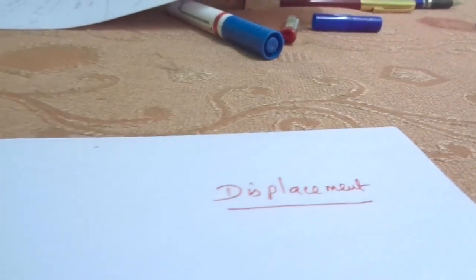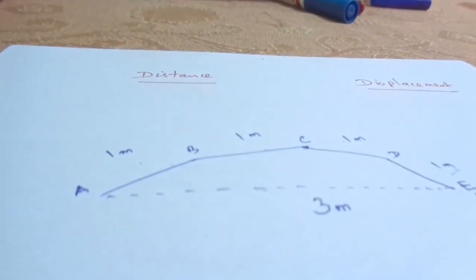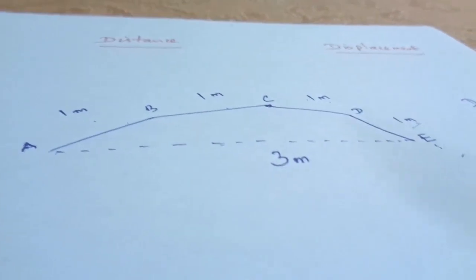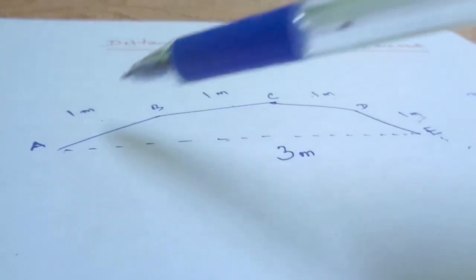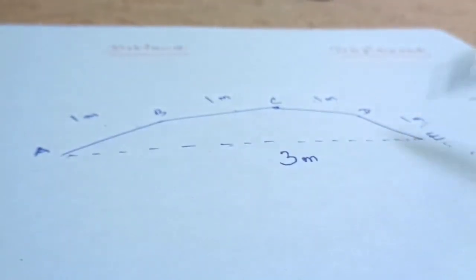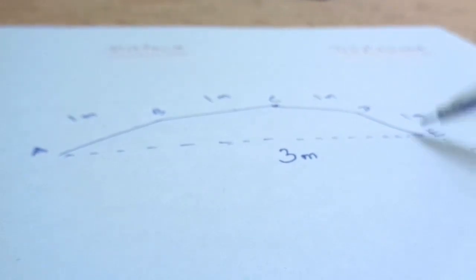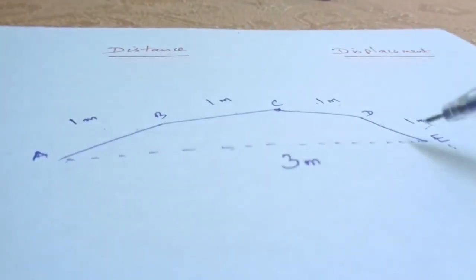Okay, what's the displacement? Displacement is the distance between starting point and end point. The path may be in this direction, but this is the starting point, this is the end point.